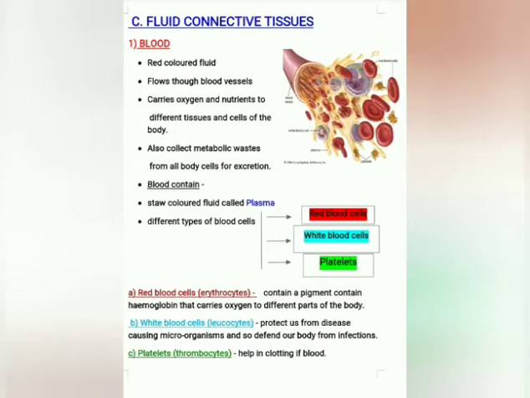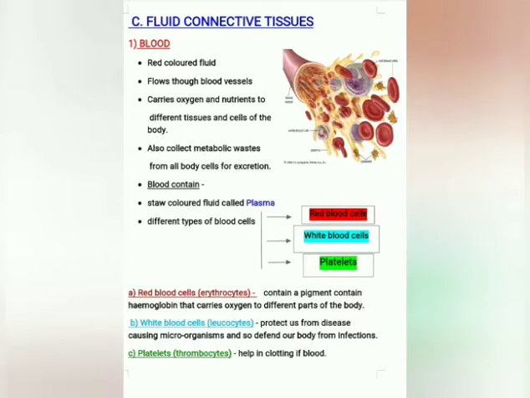Blood is a fluid connective tissue and is composed of both the liquid part and the cellular part. The liquid part consists of straw-colored fluid called plasma. The cellular part is composed of three types of cells present in plasma, that is red blood cells, white blood cells and platelets.